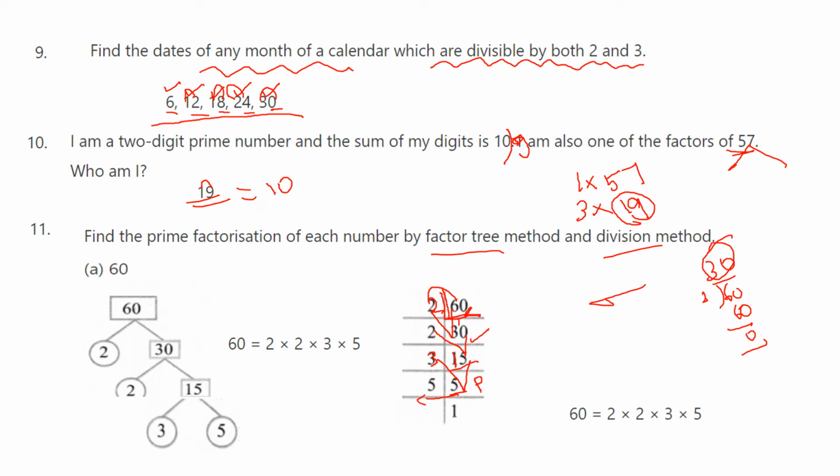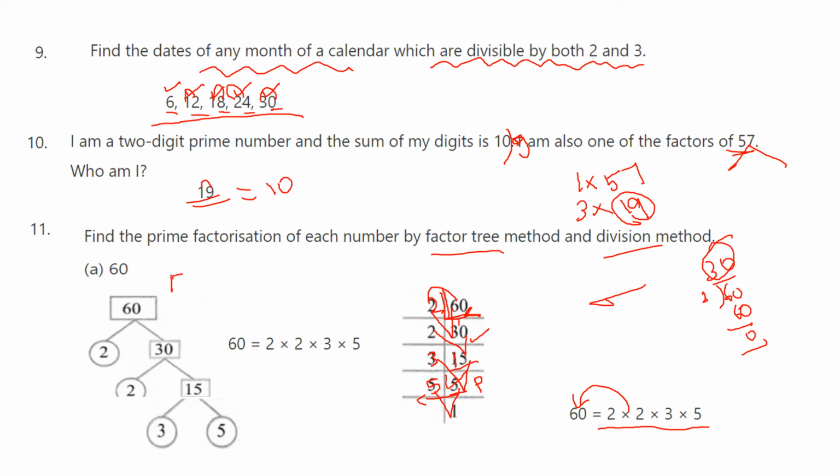So you put here 5. 5 ones are 5. So what are the factors? 2 into 2 into 3 into 5 is the factorization of 60. So this is the division method. So how will you represent it in a factor tree?